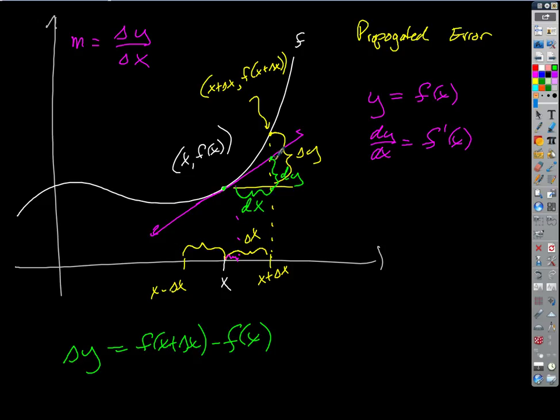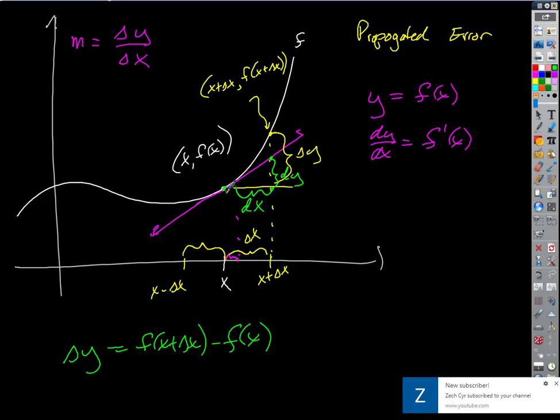That's just the definition of slope. Rise over run equals the derivative of the function at x, and that's what calculus told us a derivative does. It tells us the slope of a tangent to a curve at any value of x.